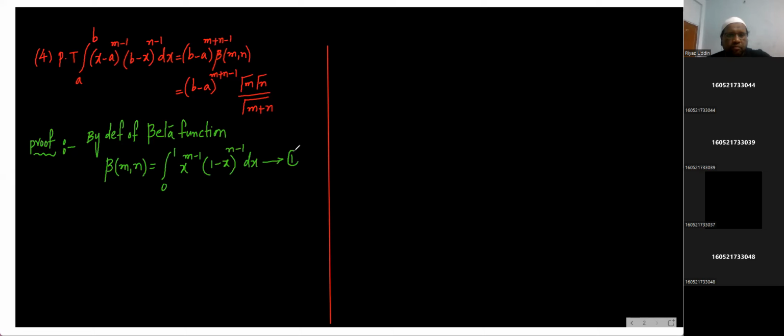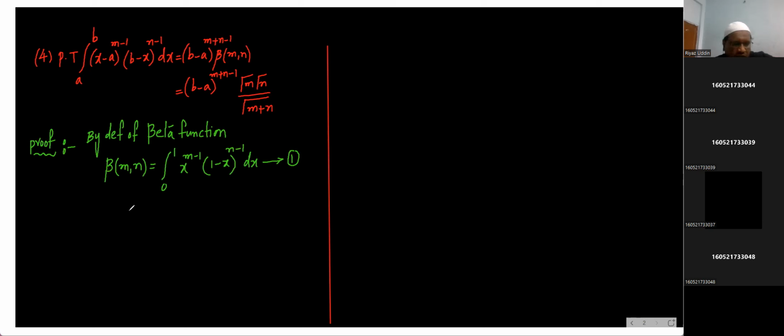In equation number 1 we will go for some substitution to prove our required answer. Notice what the answer should look like: we require x minus a and b minus x forms. We have only x here and 1 minus x here.